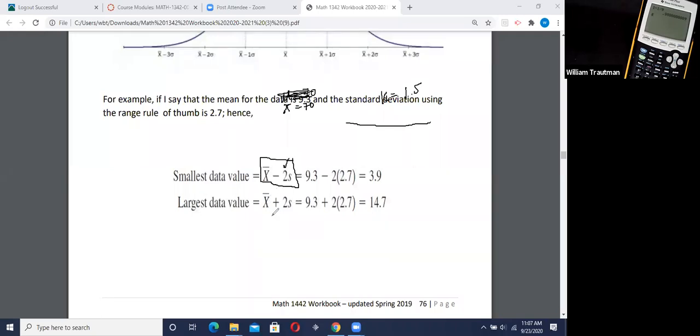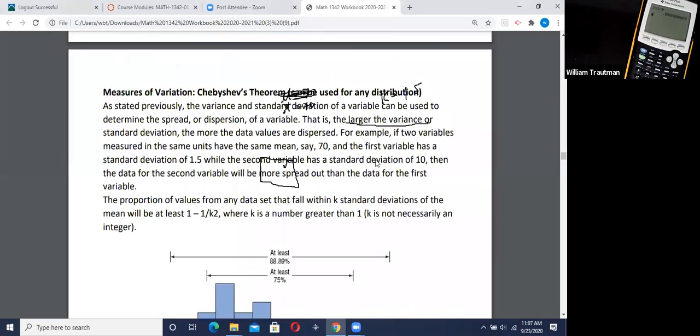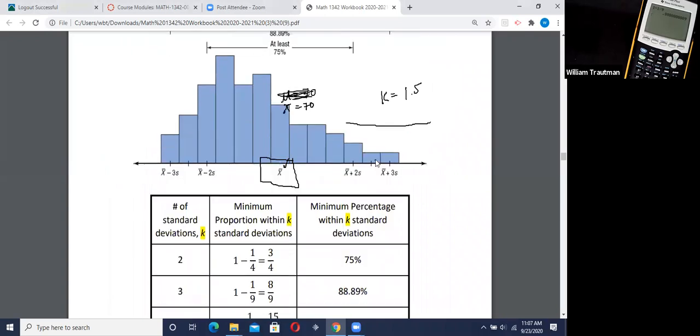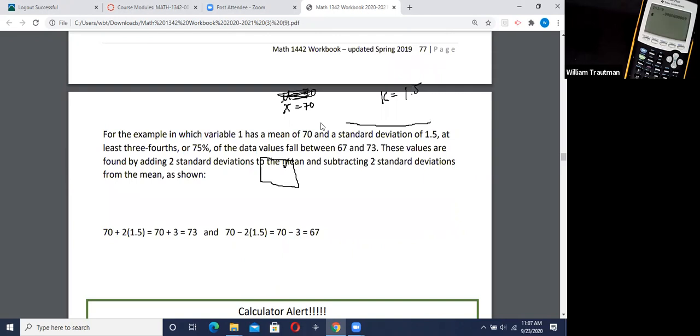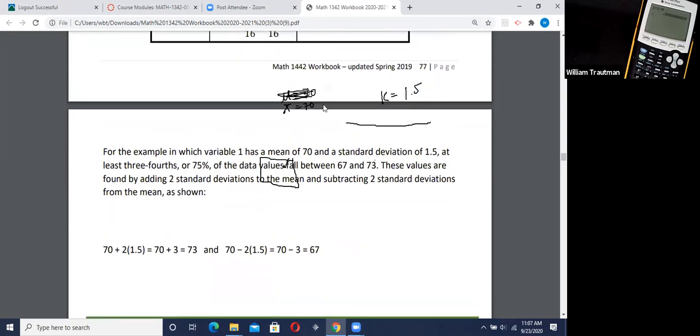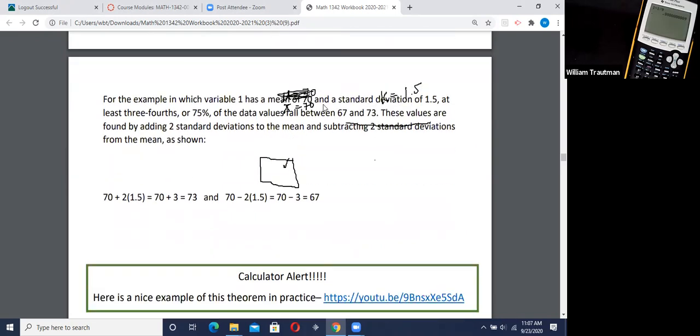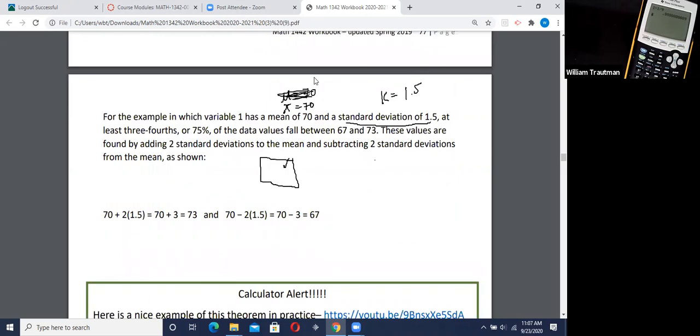And then here it's the average plus 2 times the standard deviation. So if we look at our data here, let me bring it down here. Let me clear this off.